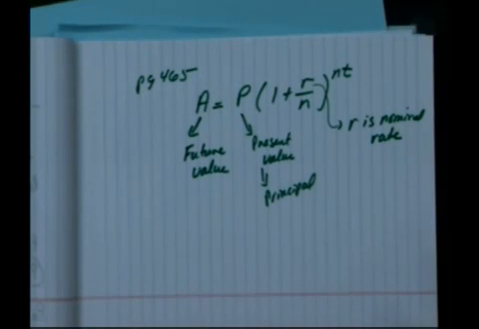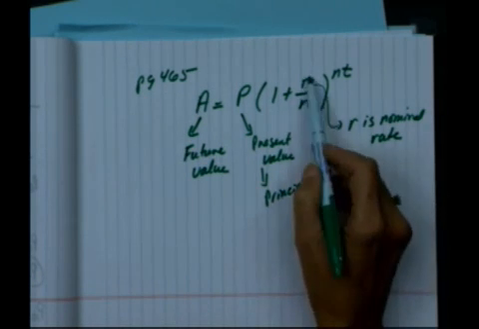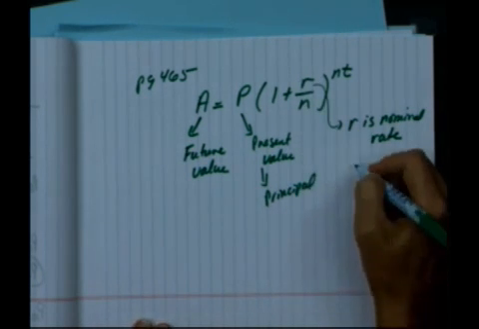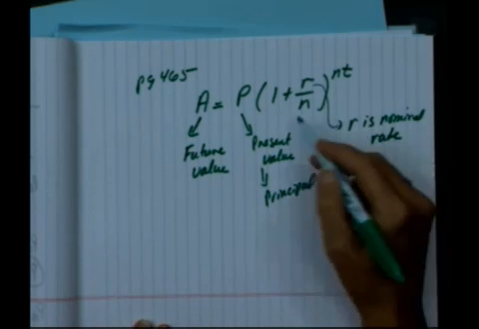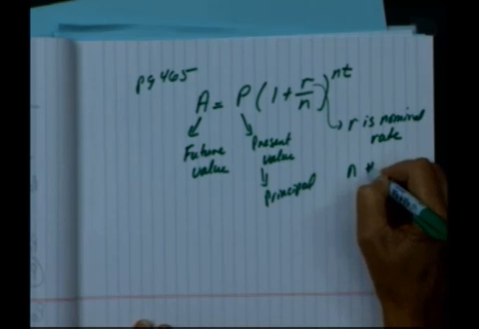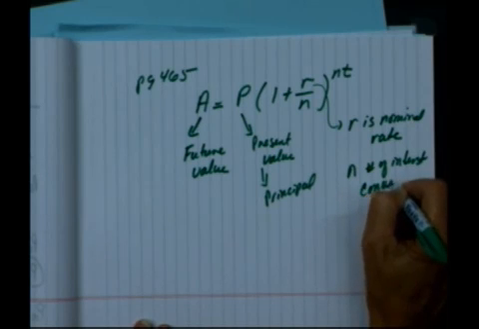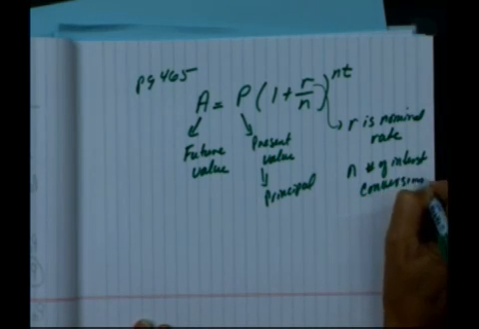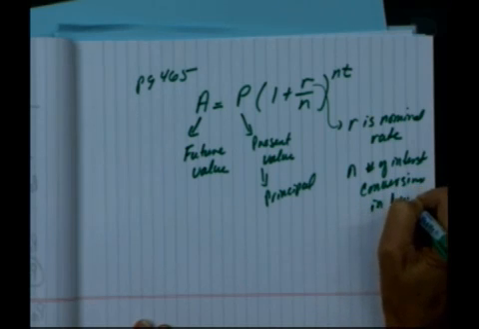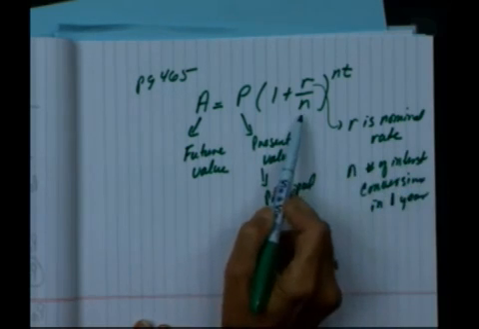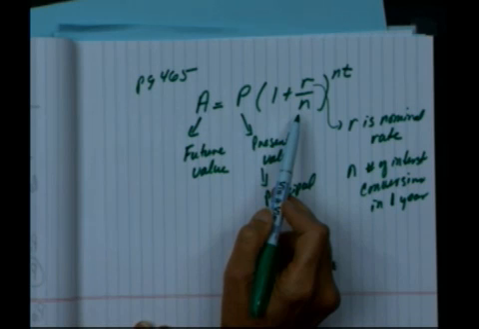Is it 8% per year, 8% compounded quarterly? What rate do you see named in the problem? N represents the number of interest conversions in 1 year. So if it's compounded quarterly, N is 4, because interest is tacked on 4 times. If it's monthly, N is 12.